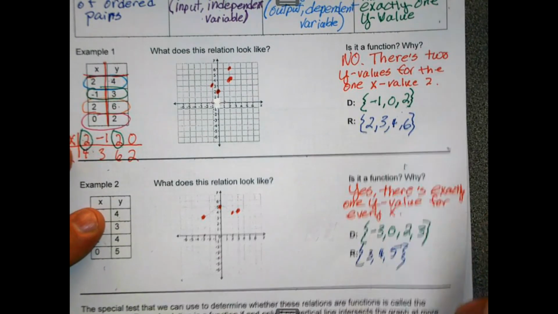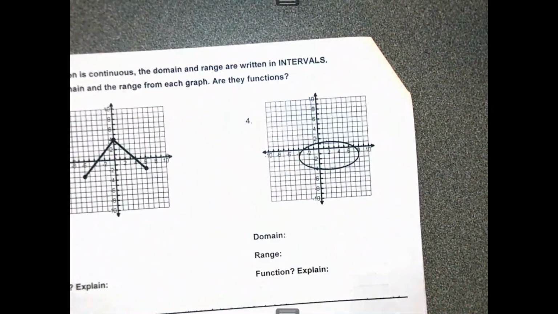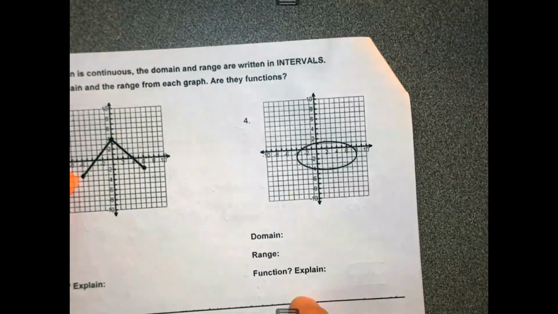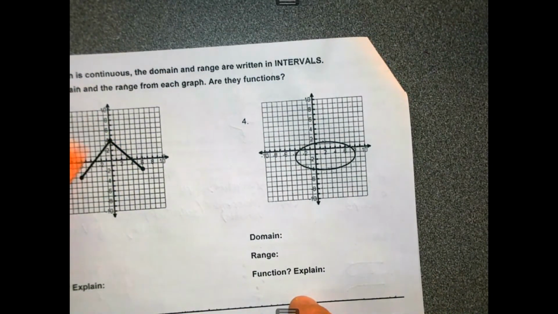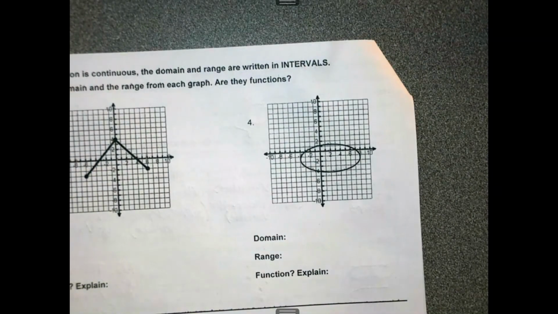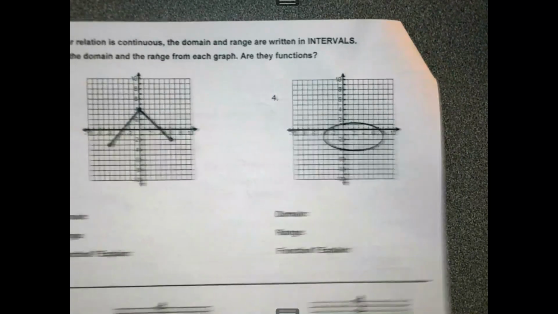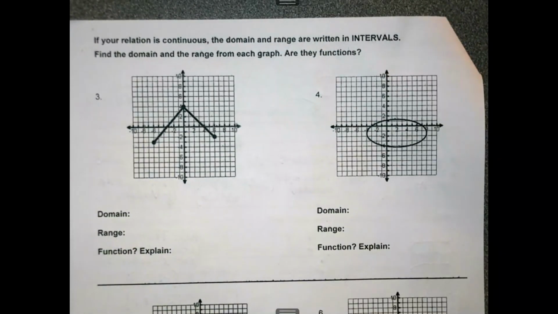All right, ready for some practice problems? Now, Galena, this is where we have graphs of lines. Now we're going to have to use interval notation and not just a set of coordinates. All right, so the first thing that I like to do is determine whether it's a function or not.